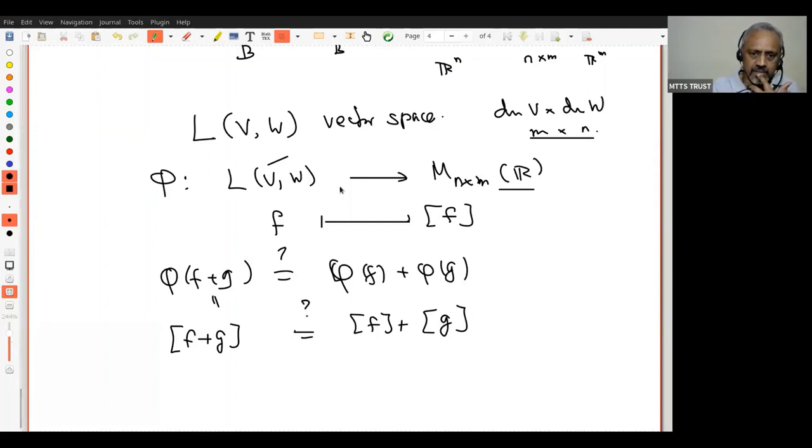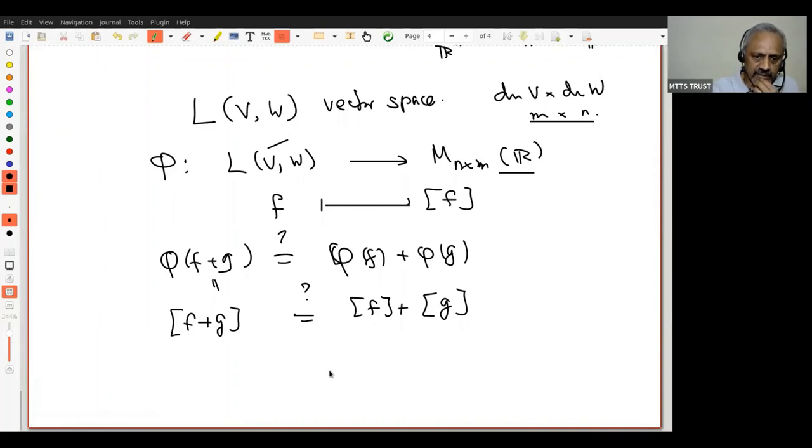Now notice that the matrix representation is unique. Just now we saw that. Anyway, I want to say whether these two linear maps are the same. To check, what do I have to do? I have to start with any vector v in V, that is, a vector in Rm.